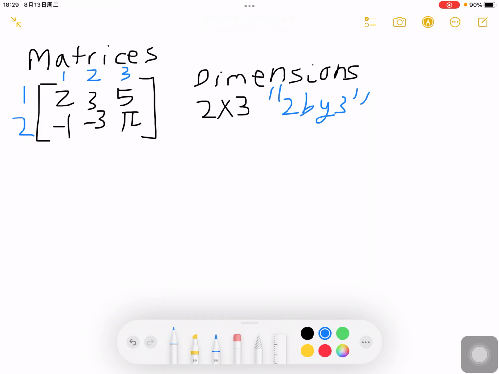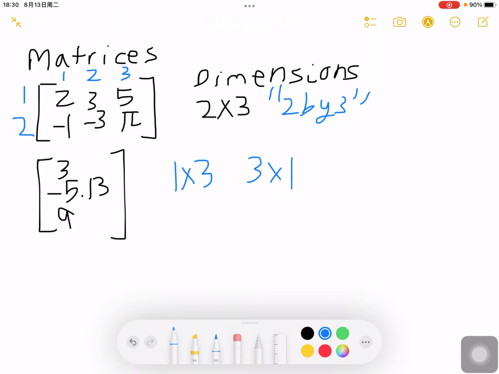Okay, so we have a 2 by 3 matrix, and then let's just try to describe a few more matrices. So let's say we have another matrix, and then we have 3, -5.13, or 9. So I'm just going to ask you, is this matrix a 1 by 3 matrix or a 3 by 1 matrix?